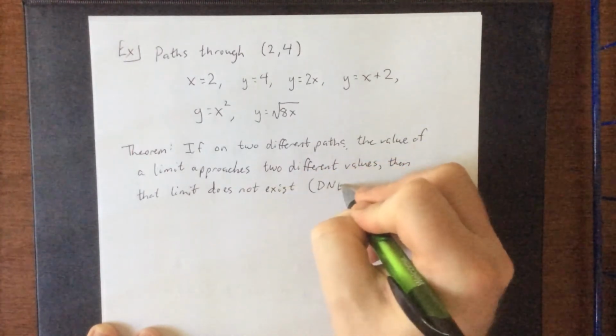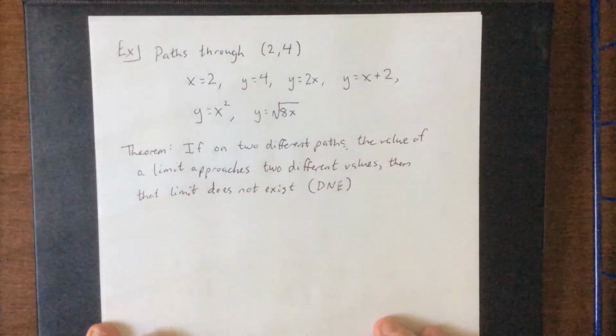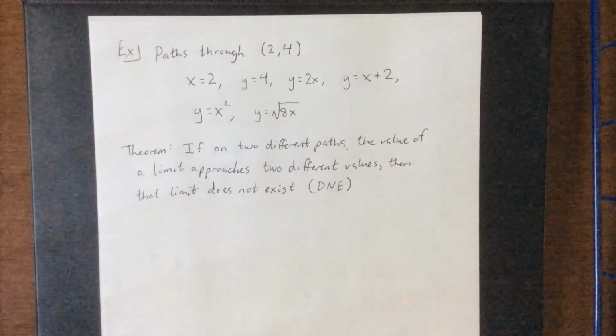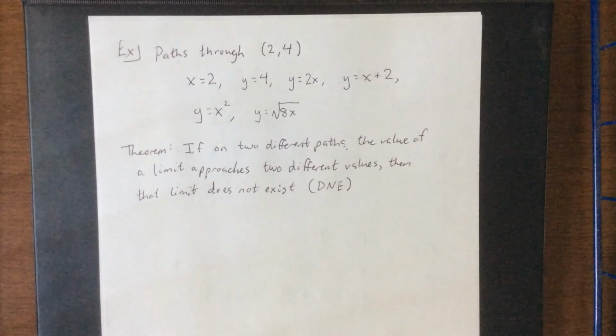And an abbreviation that I would hope you're all familiar with, DNE, standing for does not exist. So if you can find two different paths along which a limit approaches two different values, then you have proved that the limit does not exist.